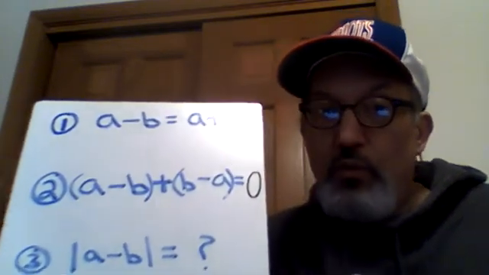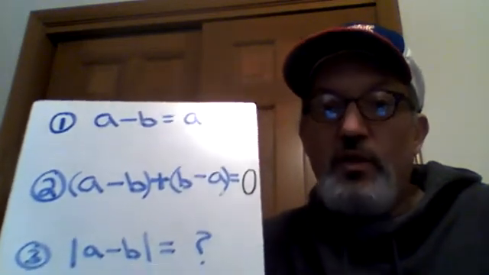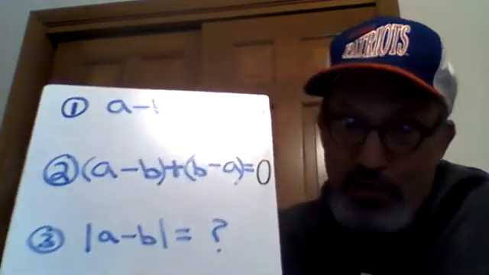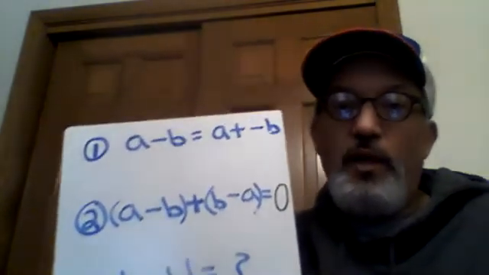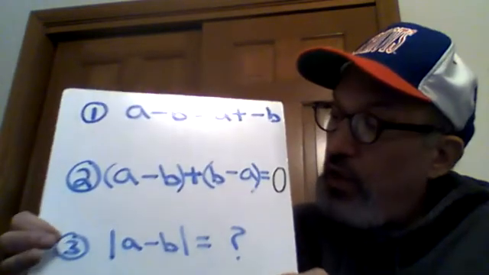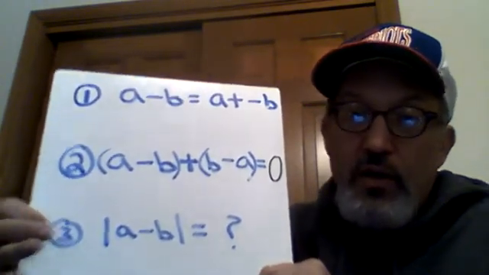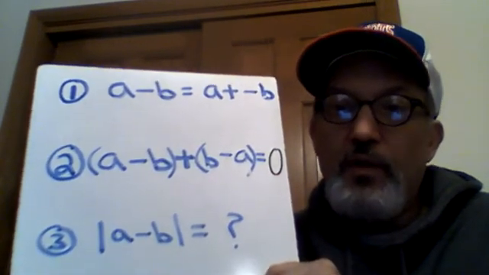Practice also will be important. When I ask you to practice some of these subtractions and you consistently get the correct answer, then you can be pretty sure that you understood everything that was in the video pretty well. But use it as you need to use it. Right? And again, we're going to come back to this number 3 here, the absolute value of A minus B, in another video. So long for now.